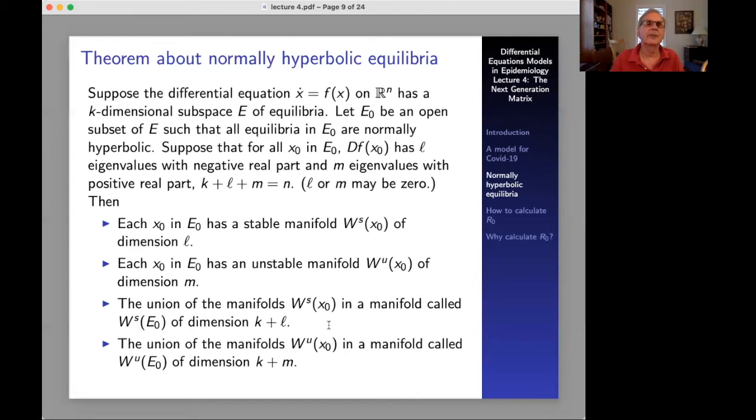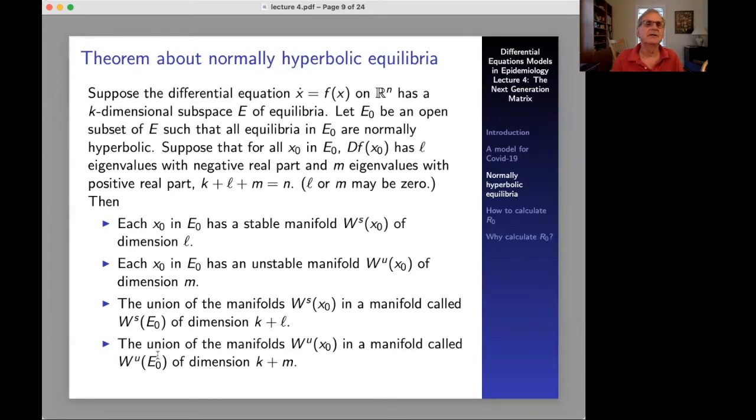Third, the union of all the stable manifolds of x naught is called the stable manifold of the set E naught, and its dimension is K for the dimension of the underlying open set E naught, and L for the number of stable eigenvalues.